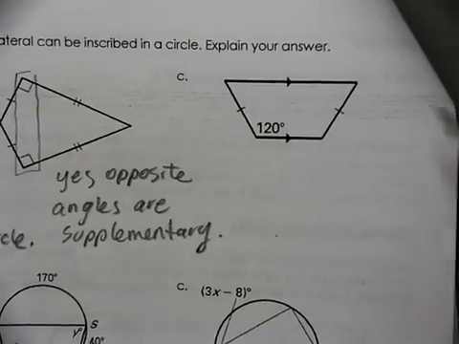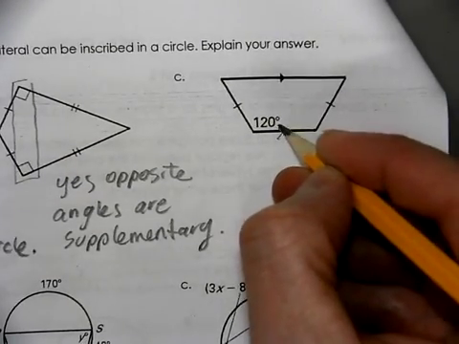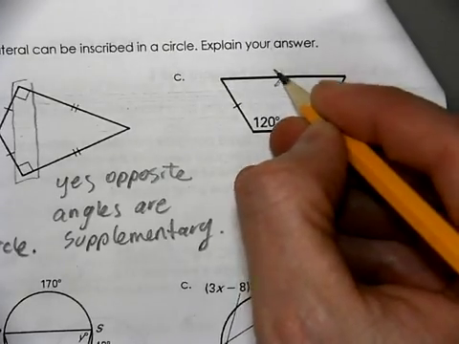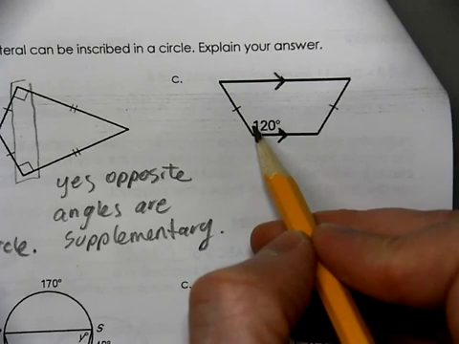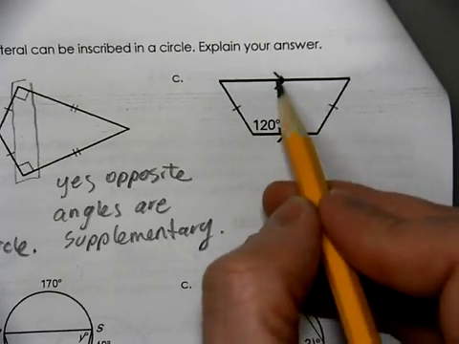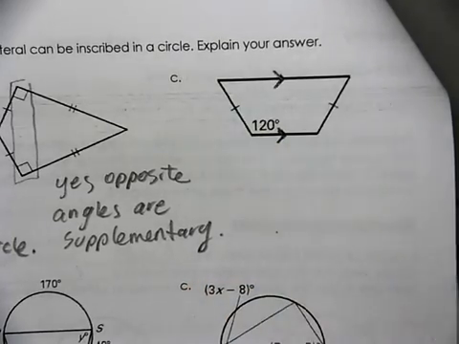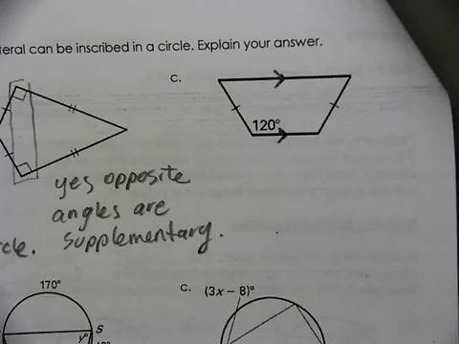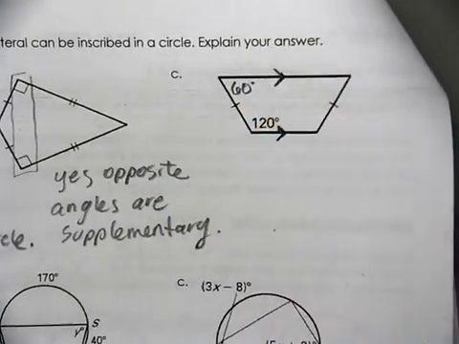Letter C, we see that we have a pair of parallel sides. Well, remember that there are these angles called consecutive interior. And if lines are parallel, then what do we know about consecutive interior angles? They are supplementary.